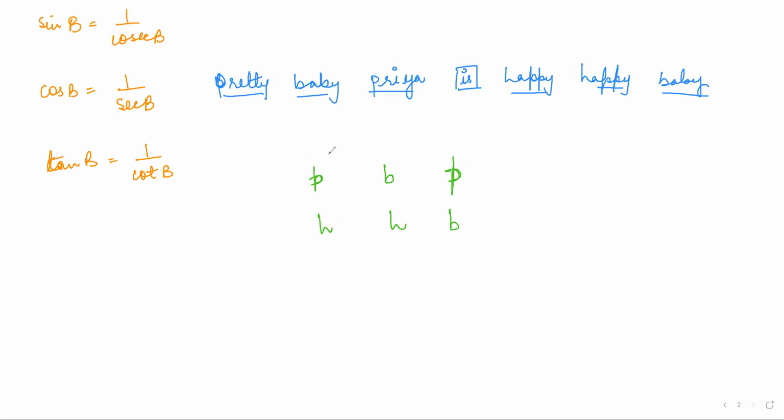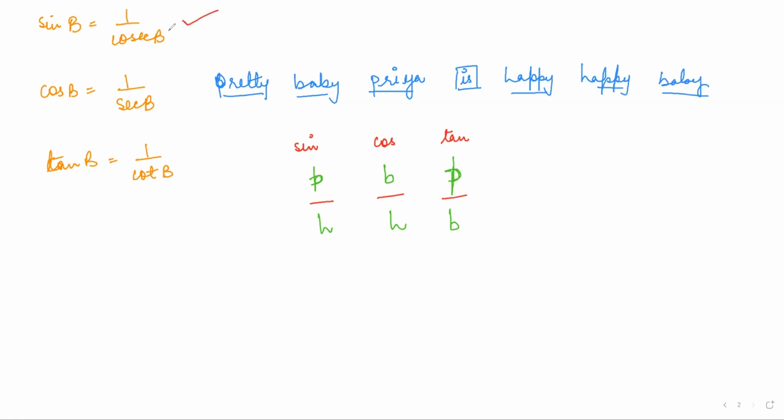The first ratio is perpendicular upon hypotenuse, so this becomes your sine. Write only sine here, don't write any angle for the time being. Base upon hypotenuse is cos, and perpendicular by base is tan.